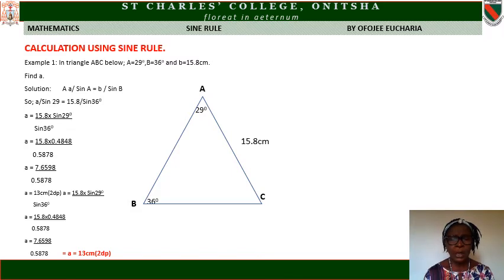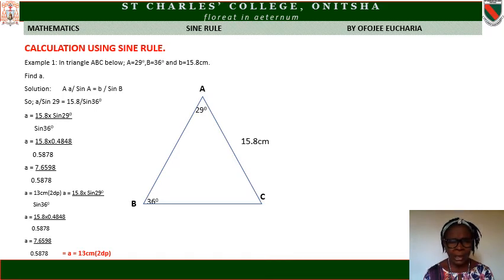Now, you can see that we are combining A and B. So we are going to pick out the two parts of the sine rule to discuss, and we want to find small a.